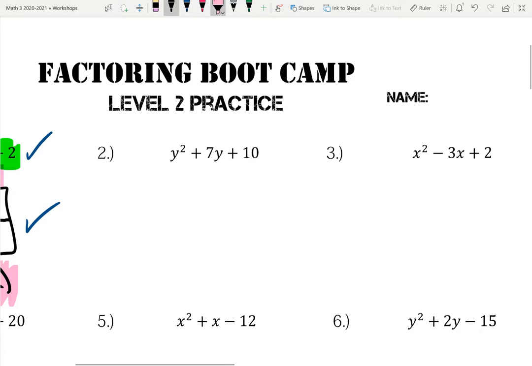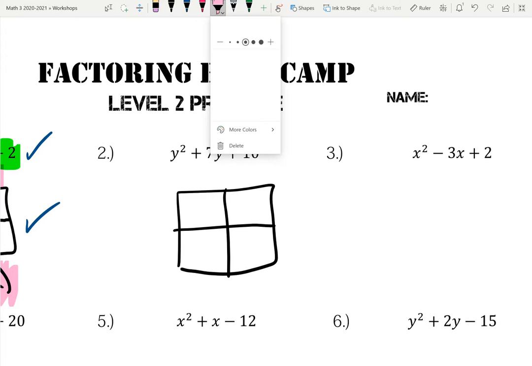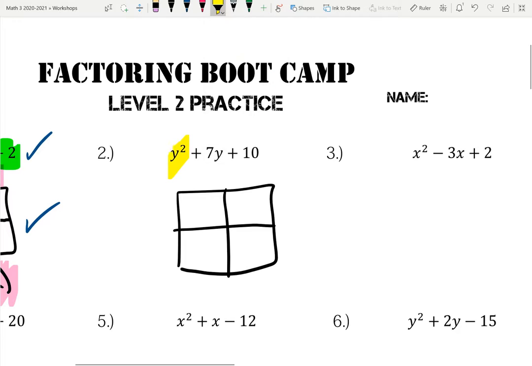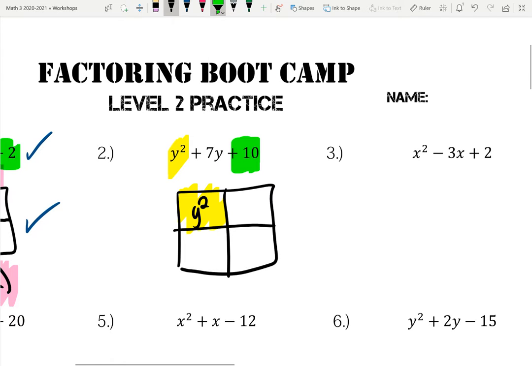So this one, again, is going to result in two binomials being multiplied. I put my leading term in the first rectangle. Essentially, at this point of the process, you're just setting up your thinking space.